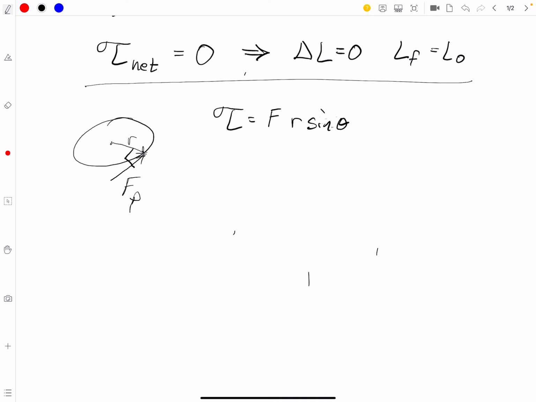That sine of 90 degrees is 1. So we can just say that it's the force times that radius. Okay, great. So that's our torque.